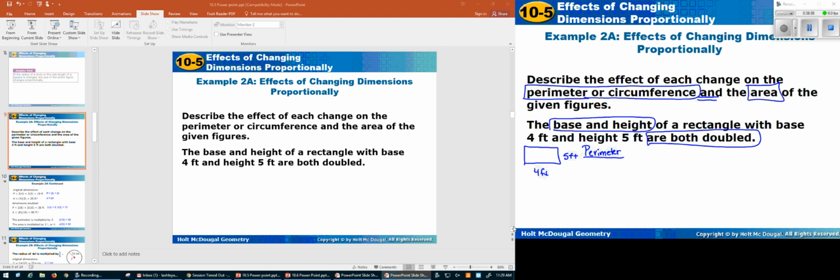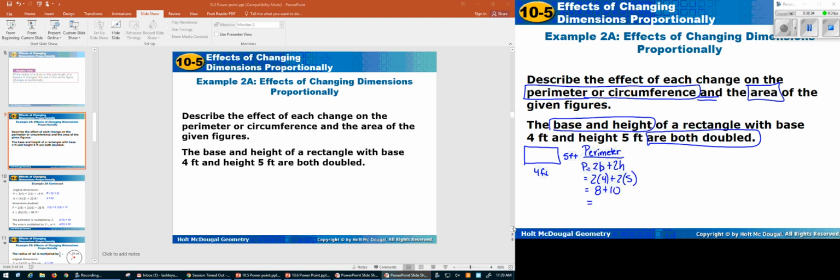So with the perimeter, what's the formula for a rectangle? 2 base, careful, plus 2 height. Okay, what's my base length? 4. So I have 2 times 4 plus 2 times 5. So that gives me 8 plus 10.